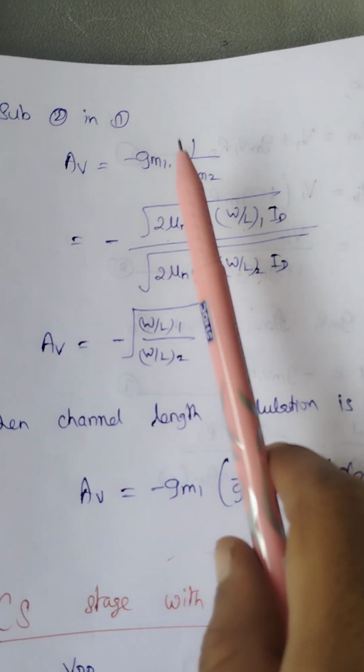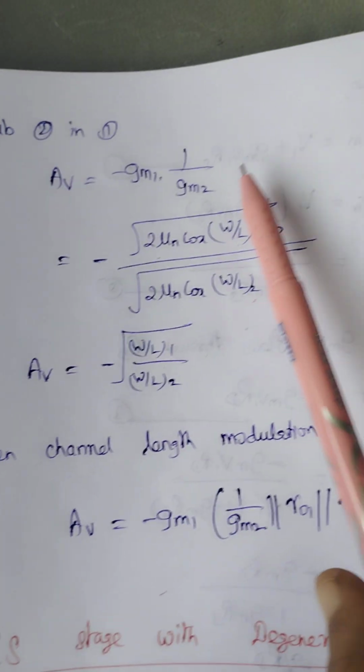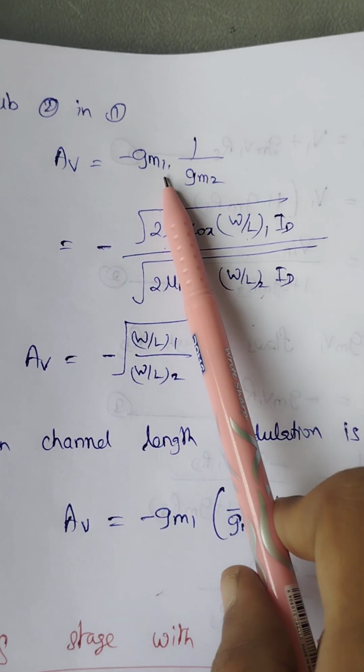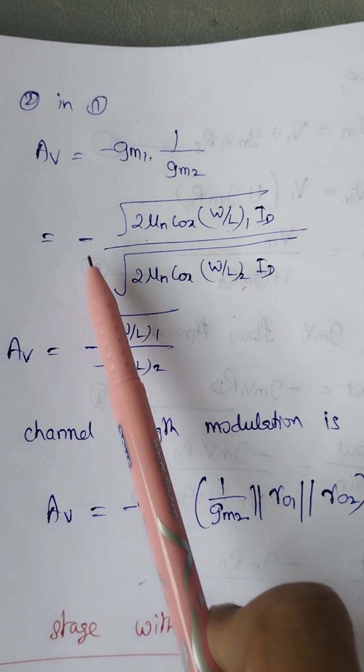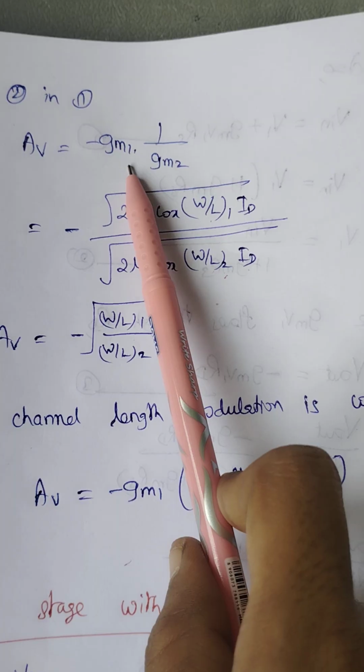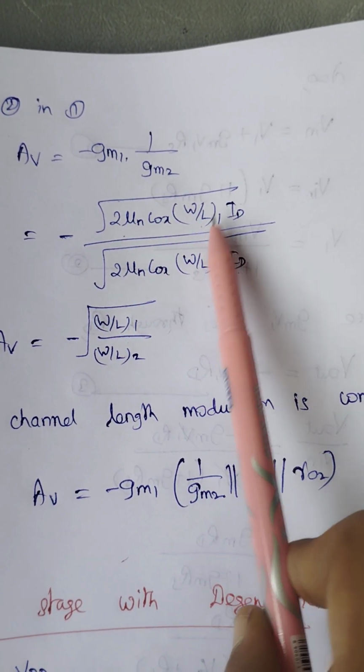Then what will be your gain? Gain is equal to minus gm1 into Rout, so AV equals minus gm1 into 1 by gm2. You can substitute that here, and we already know the transconductance equation, root of 2 mu n Cox W by L into ID.